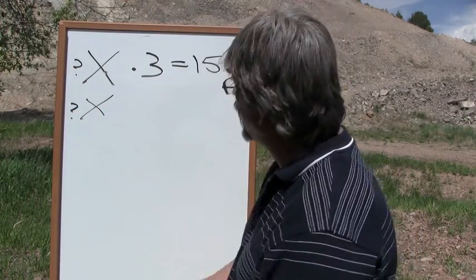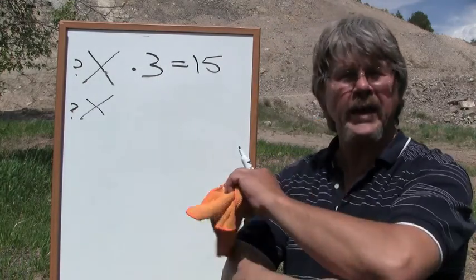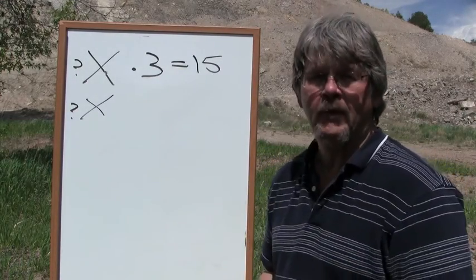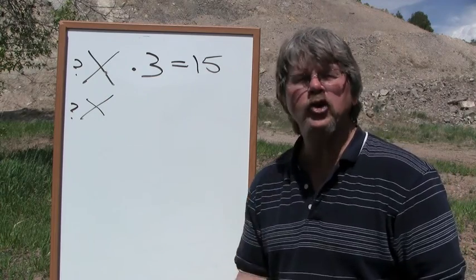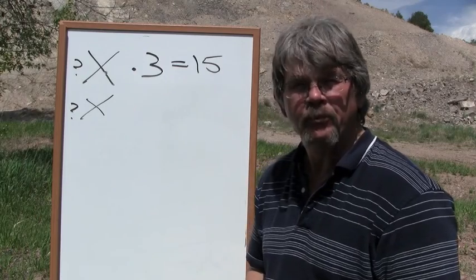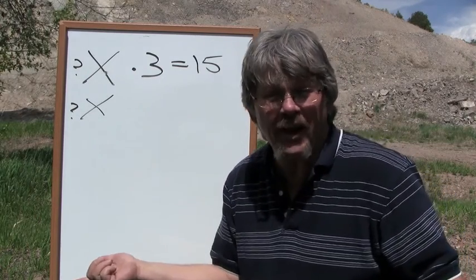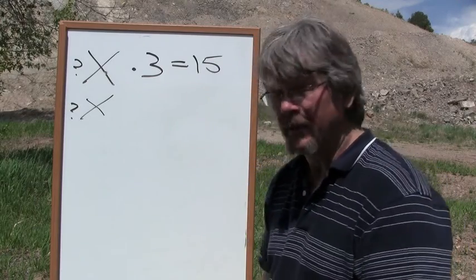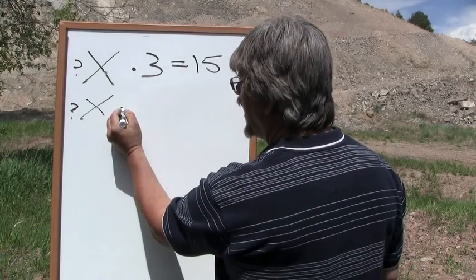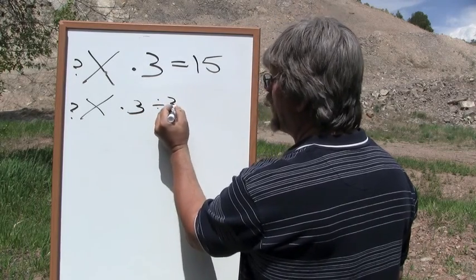Someone came along and multiplied 3 to my x. I don't want it multiplied to my x. I want x alone. How do you get rid of a multiplied 3? You undo the multiplication. How do you do that? With division. You have x times 3, divide by 3.